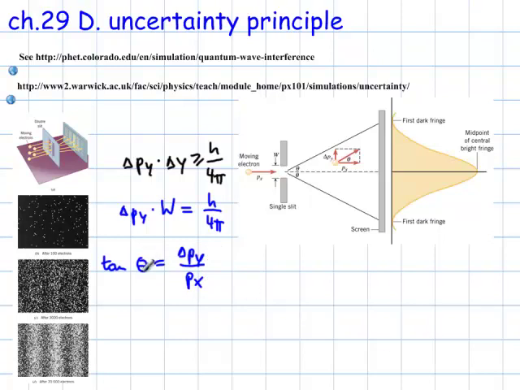So in order to solve for theta, I of course take the inverse tangent, and I'm going to plug in this expression here for delta Py with everything else given, but I also have to figure out what Px is, and that's where the de Broglie wavelength comes in, so that lambda equals h over Px, and that's what I plug in.